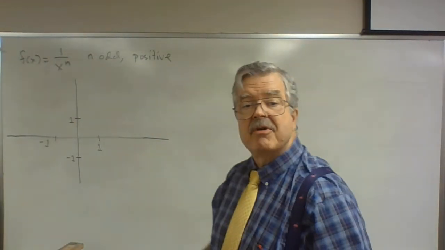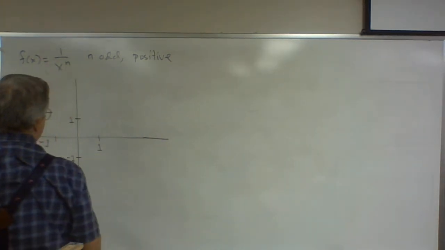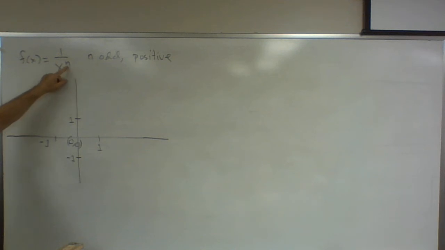And we remember our old friends: x equals -1, x equals 0, x equals +1. When x is -1, -1 to an odd power is -1, so we have 1 over -1 is -1.